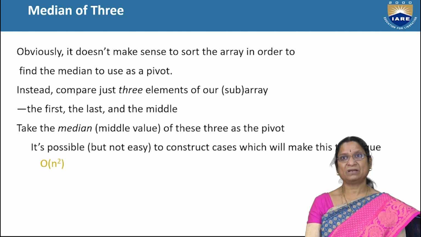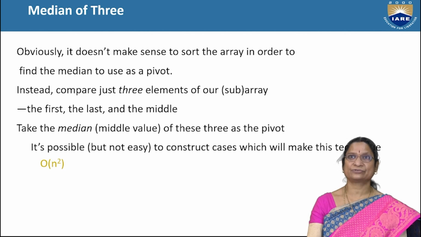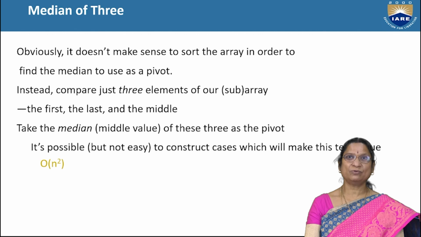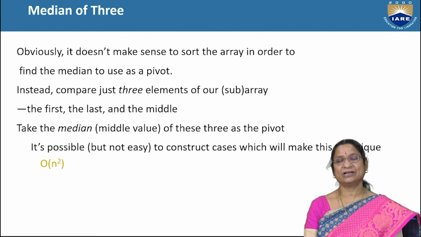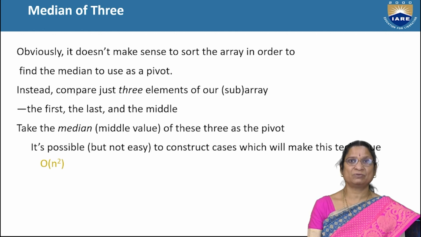It is possible but not easy to construct cases which will make this technique order of n square. So sorting is not an optimistic way of choosing the pivot element.